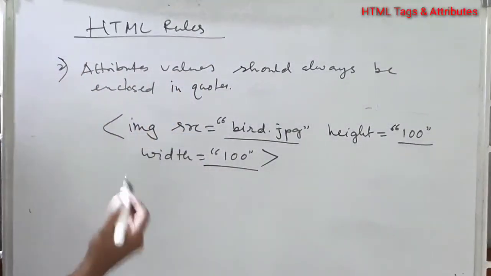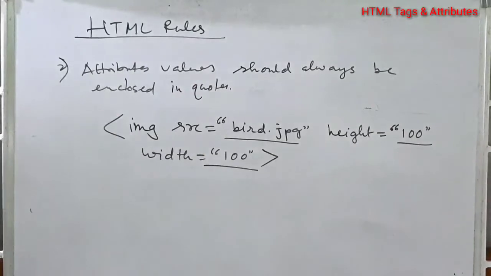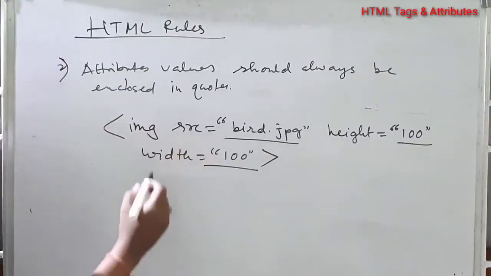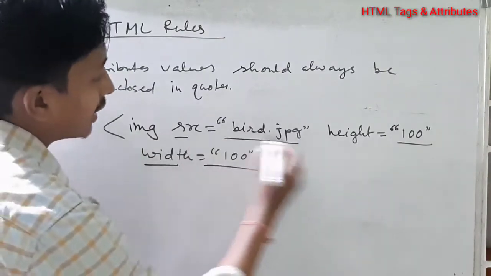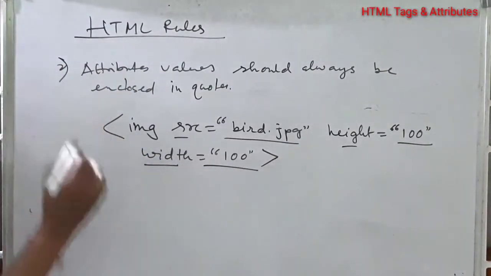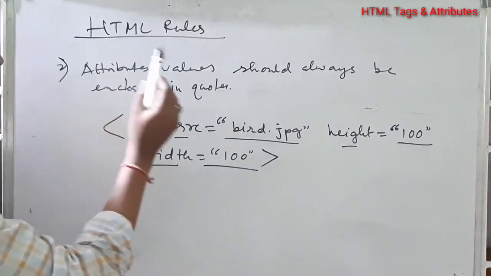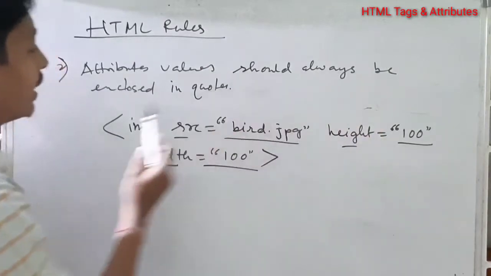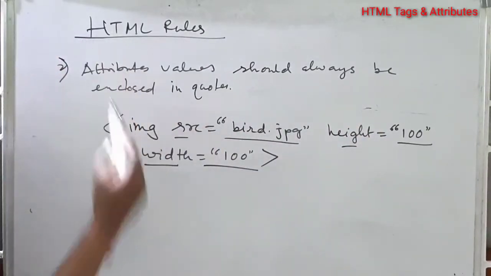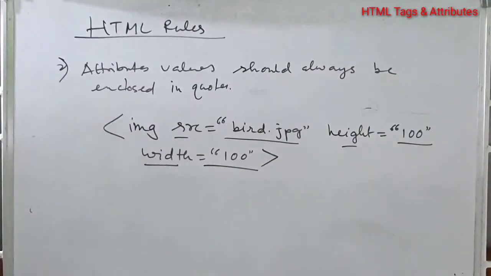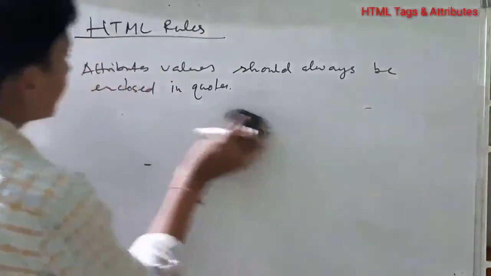You can also use single quotes, no matter. These are called attributes: src, height, width. And img is the tag. These are the attributes and these are the values. These values should be enclosed in quotes, either double quotes or single quotes. So this is the second rule of HTML.